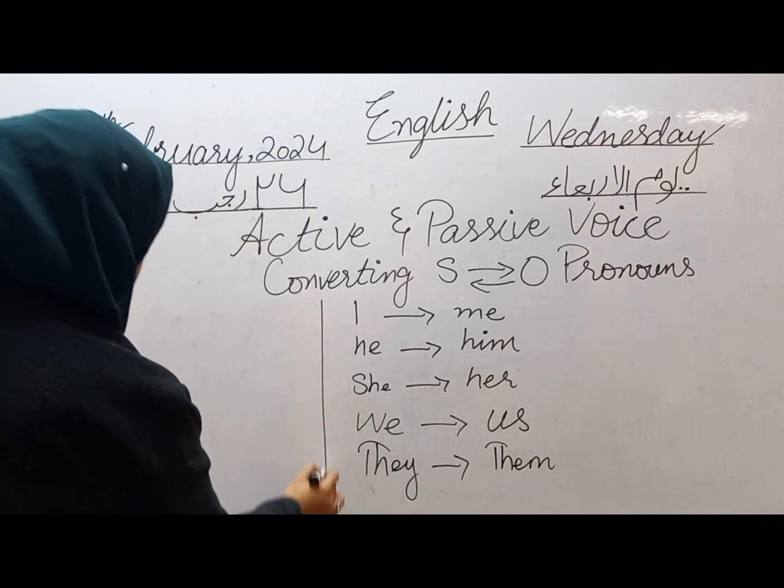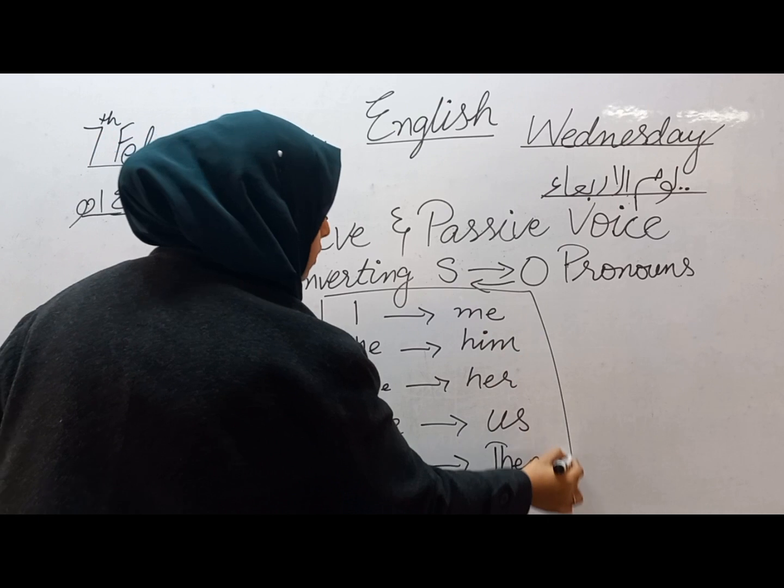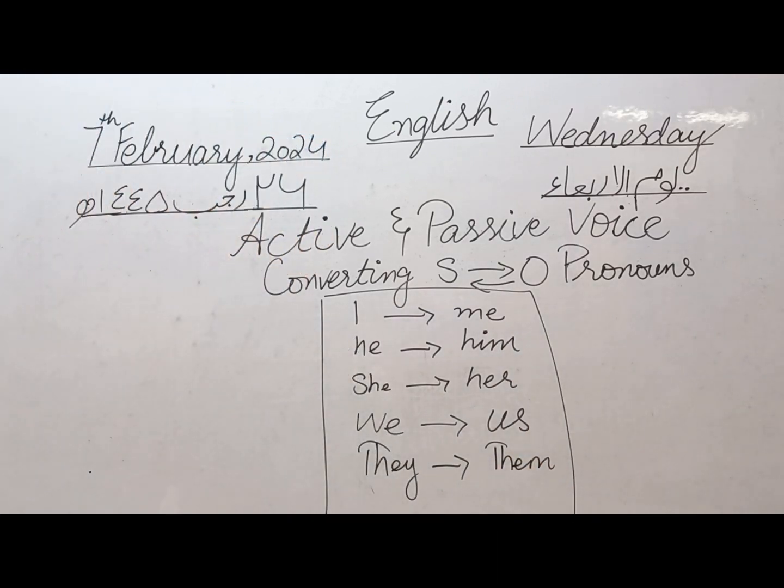Very simple. These simple pronouns you need to learn and observe when you are changing subject into object or object into subject, so you need to swap these pronouns. If there is "I", you will change it into "me". If there is "he" in the place of a subject, you will change it into "him" in the place of object when you are converting into passive.